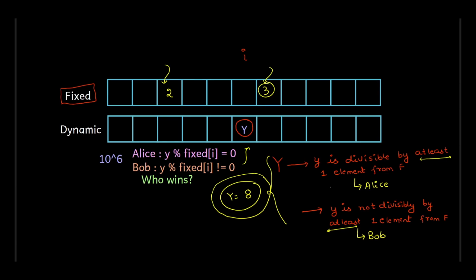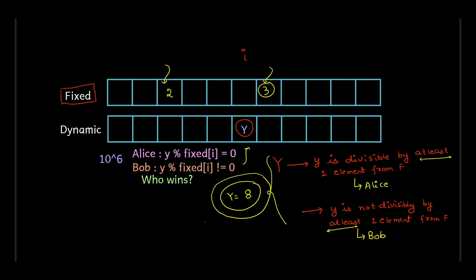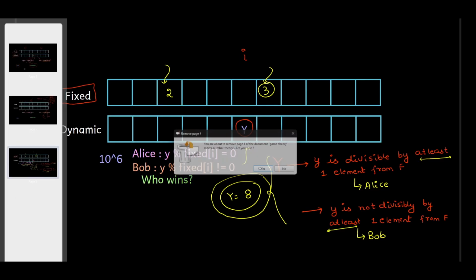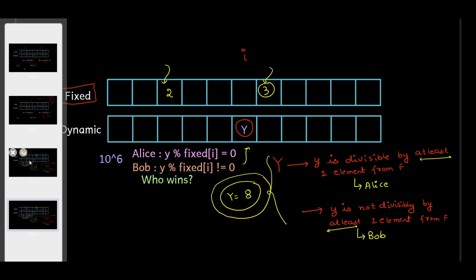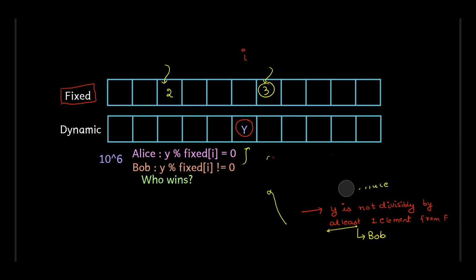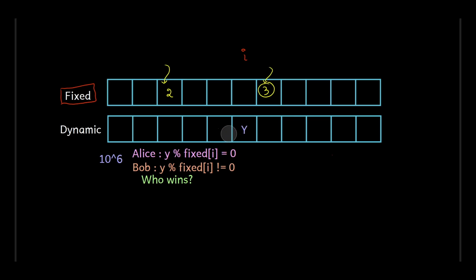So with this line of reasoning, you can now split each y into three different classes. Let's see what those classes are.